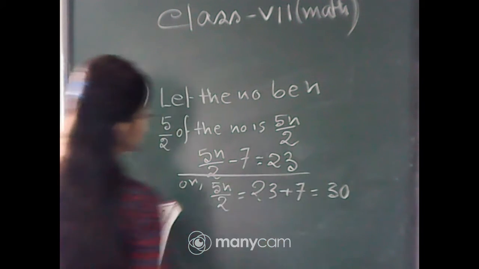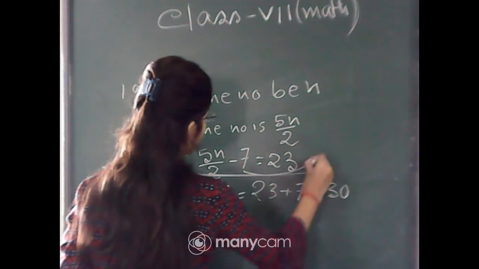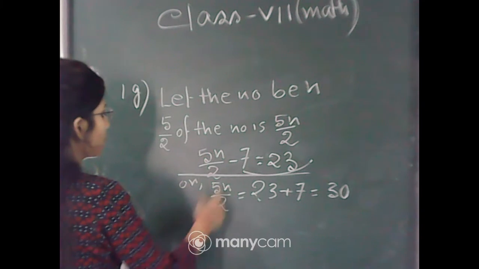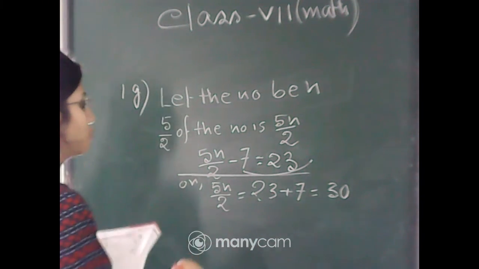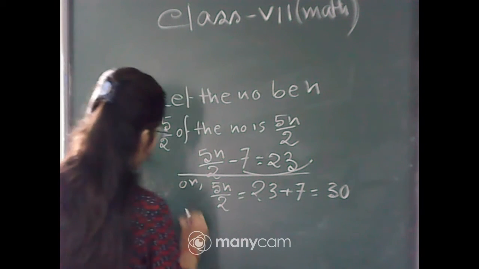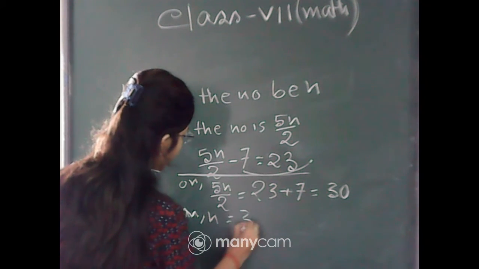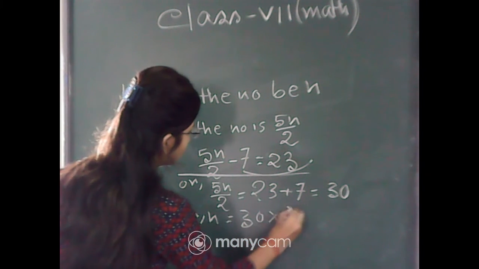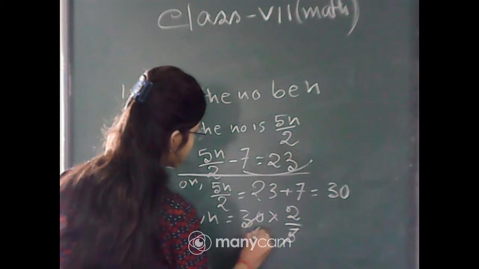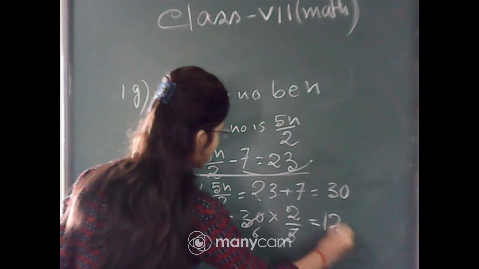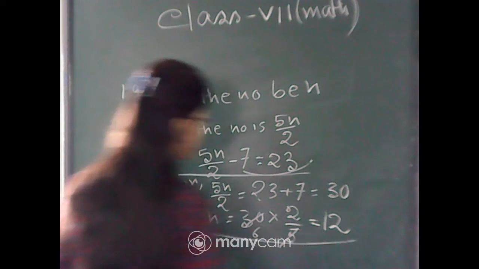To solve this equation, we first transpose 7 to the right hand side and we get 5n by 2 is equal to 30. Now we multiply both sides by 2 by 5 and we get n is equal to 30 into 2 by 5. Therefore, the required number is 12, isn't it?